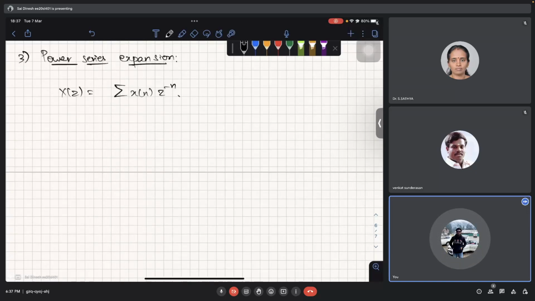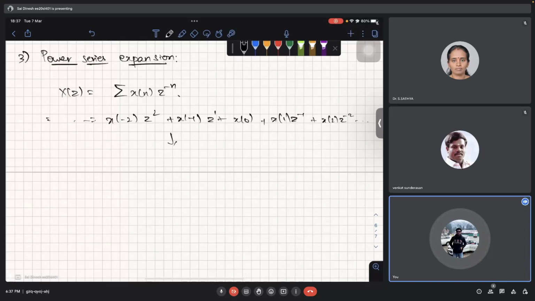If you have x of z of this form, it is pretty straightforward to find the x of n, where it will be like x of minus 2 z power 2 plus x of minus 1 z power 1, sorry, z square, z power 1, x of 0, x of minus 1, minus 2, and so on.